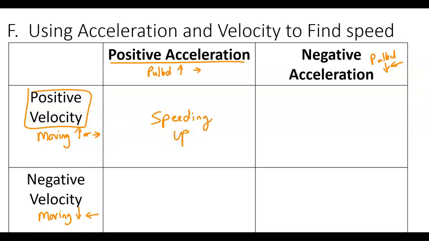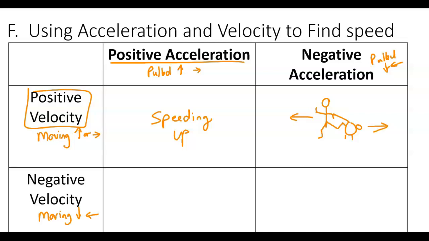But let's say that our jogger was actually jogging left. But his dog sees a cat behind him and the dog starts to pull him that way. What's going to happen to the guy's speed at that point?